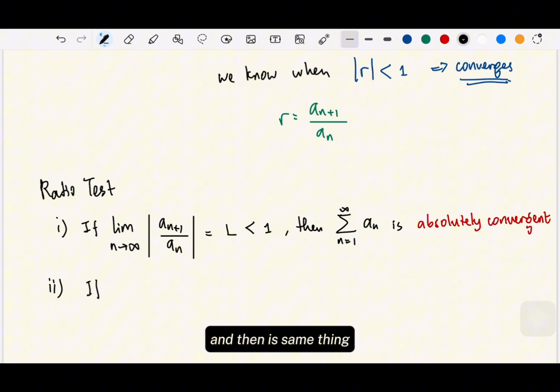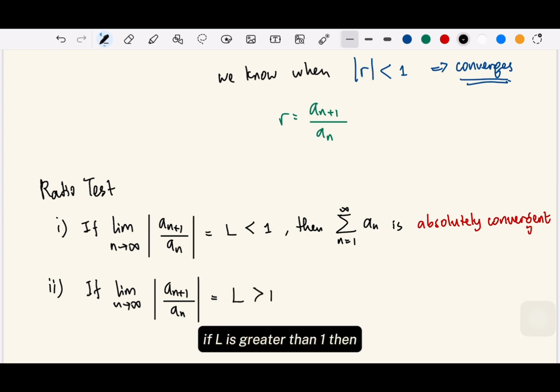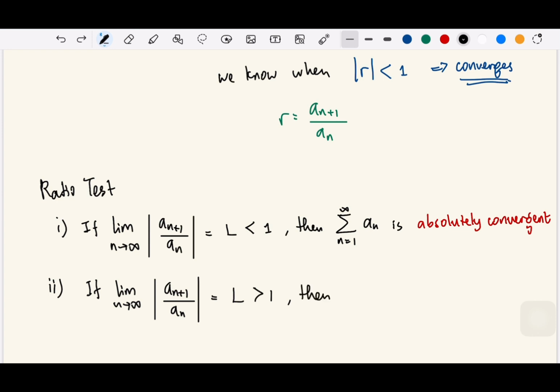And then, same thing, if L is greater than 1, then the series is divergent.